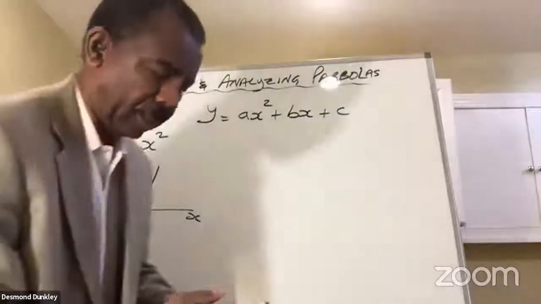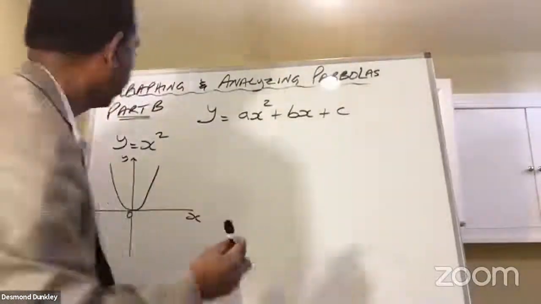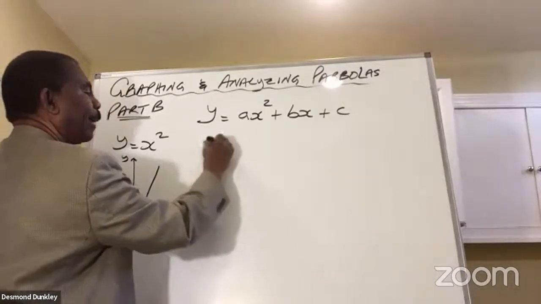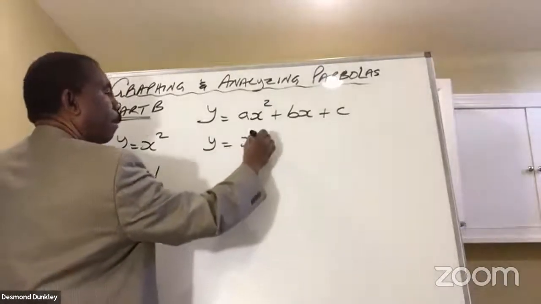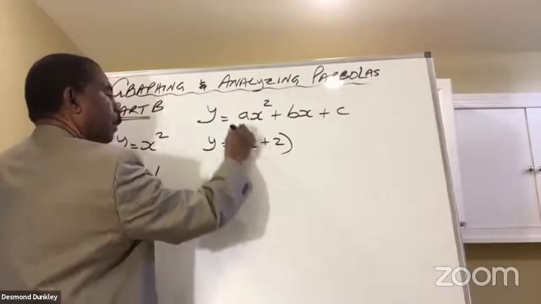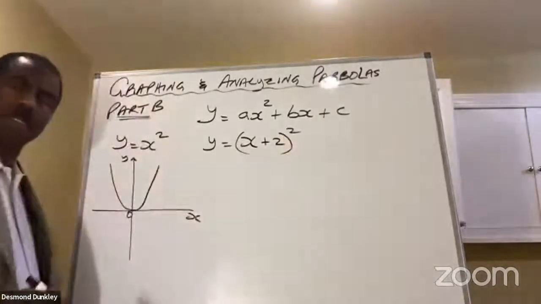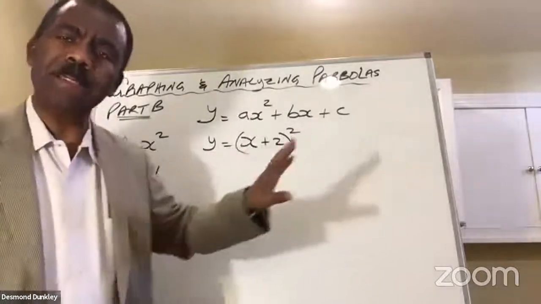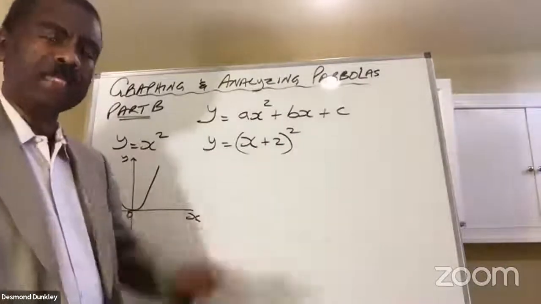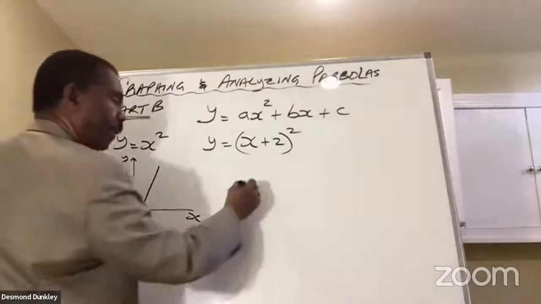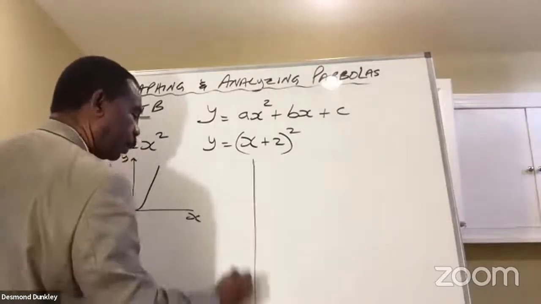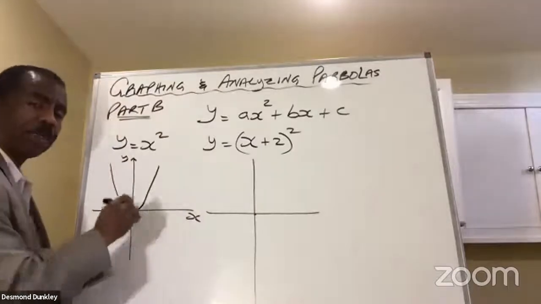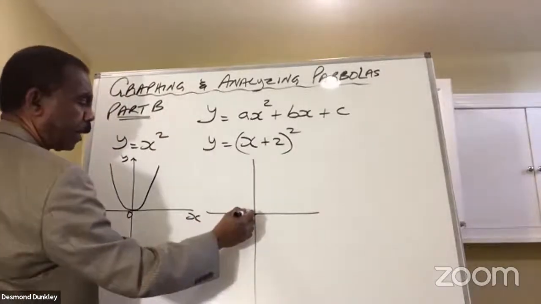We discovered that if instead of y equal to x squared, you had y equal to (x plus 2) squared, now the x value is impacted. You're adding 2 to the x value. We actually discovered that your graph would shift. This is where your vertex, we'll talk about the vertex later, this is where it was.